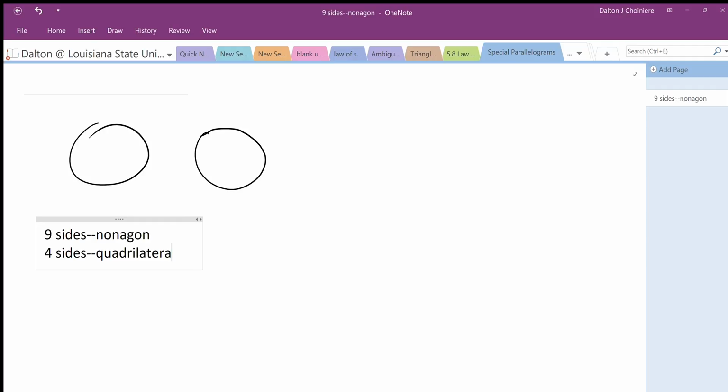Okay, quadrilateral. Tell me about a 6-sided shape. 6-sided hexagon. Tell me about shape with 7 sides. Heptagon. I would say that 9, 6, and 7 are easily confused among people.